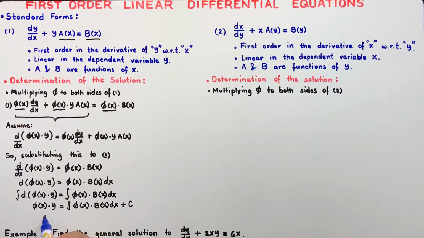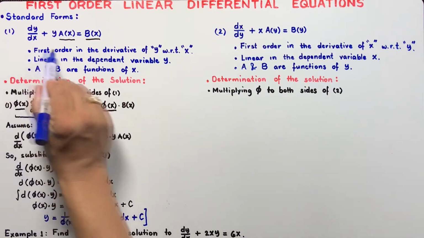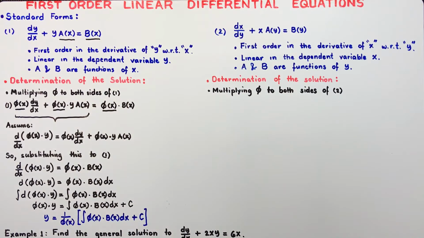So we have y equal to 1 over phi of x times the quantity of the integral of phi of x times b of x dx, plus the constant of integration c. So this is now our solution for this standard form of the first-order linear differential equation.